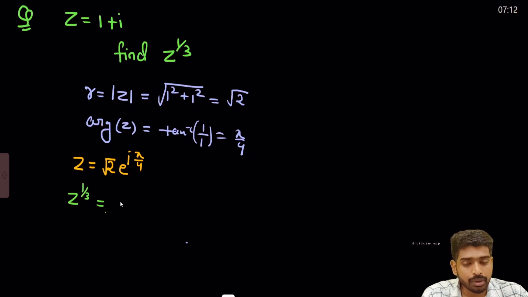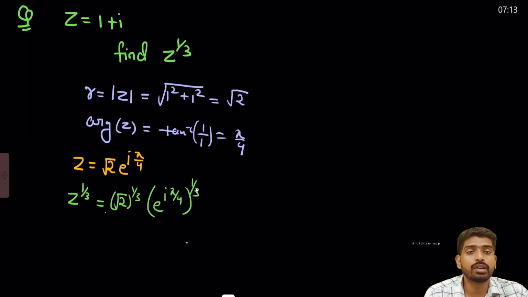So z to the power 1 by 3 will be root 2 to the power 1 by 3 and e to the power iota pi by 4, to the power 1 by 3. This 1 by 3 will not multiply directly inside, right? Because when we send this 1 by 3 inside directly, we'll get only one solution. But here there will be a total of three solutions. Got it?